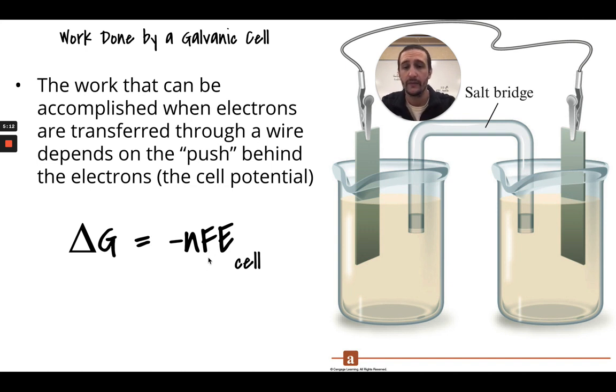And F is something known as Faraday's constant, and that's a constant given on that AP reference sheet. The main thing from this equation is that if cell potential is positive, then it's a spontaneous reaction because that will make Gibbs free energy negative.